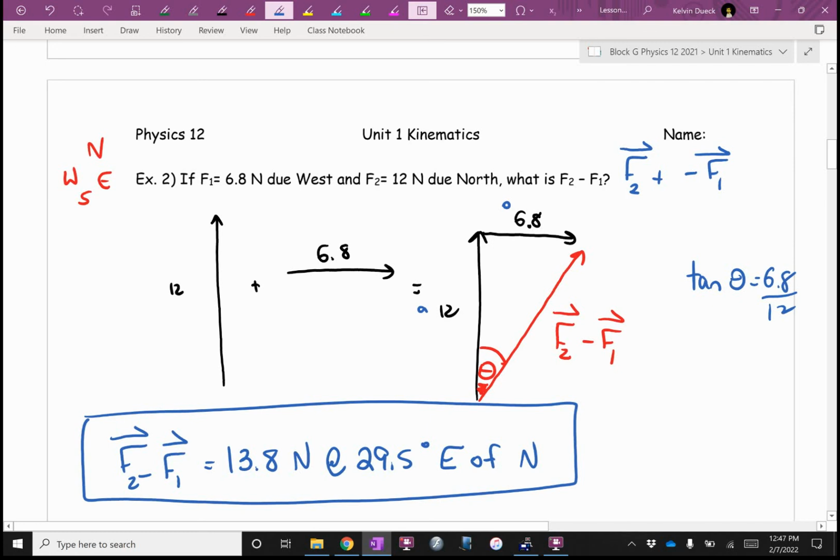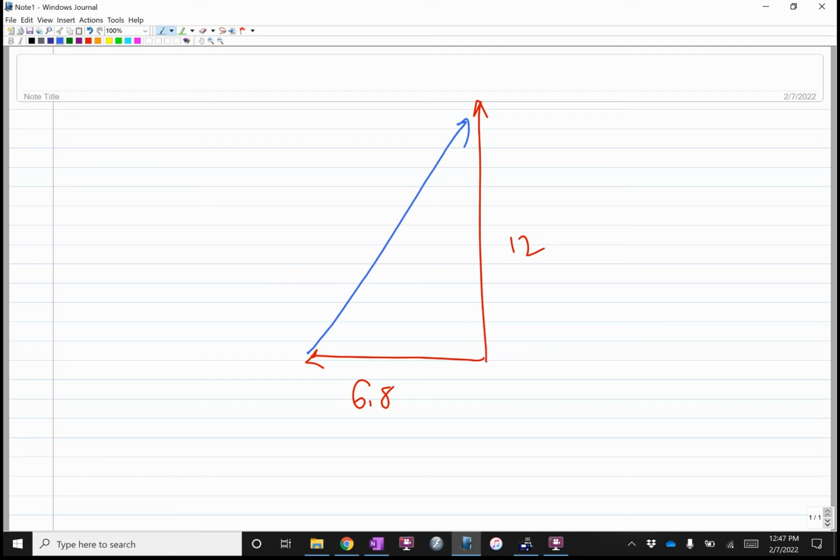Mr. Dueck. Yes, Kai. What is the subtraction rule? Just curious. I knew you'd ask. Okay, don't write this down, but for what it's worth, here's the rule. You add them tail to tail. So I have 6.8 west, the original, 12 north, and the resultant is from the tip of the shorter one to the tip of the longer one.